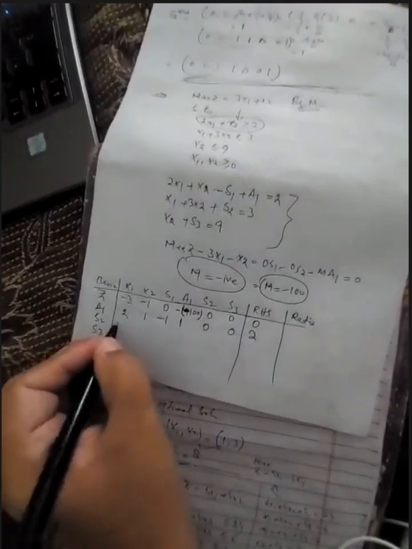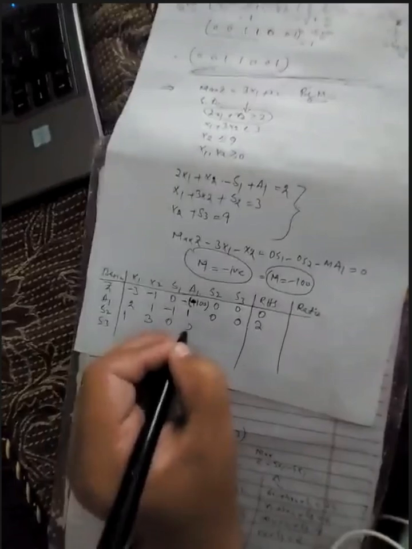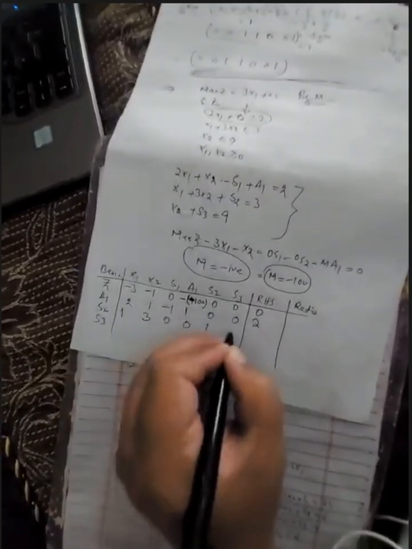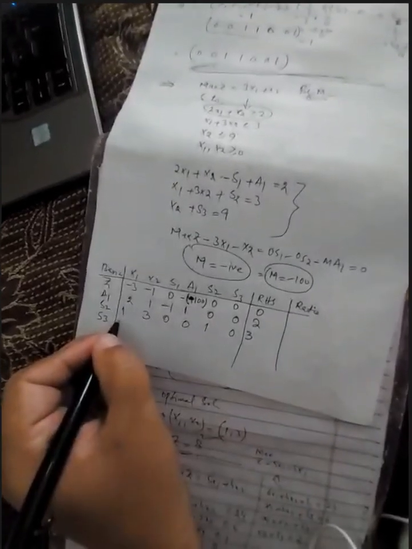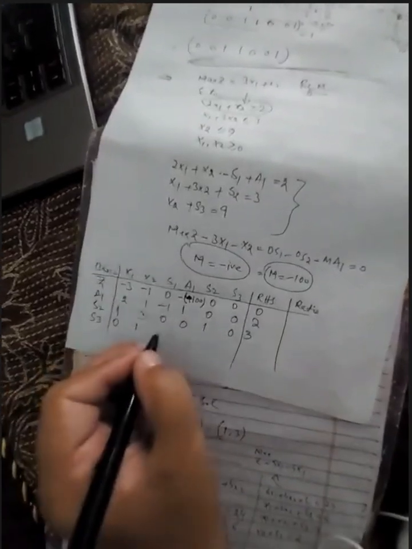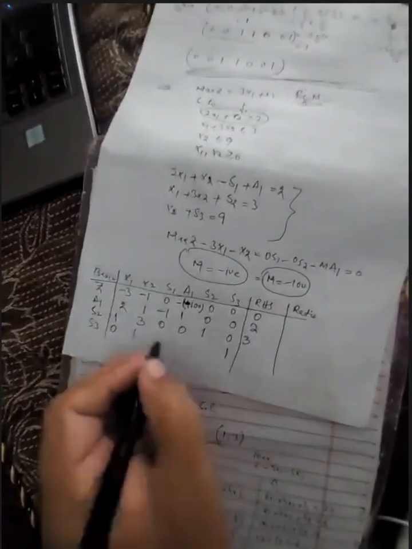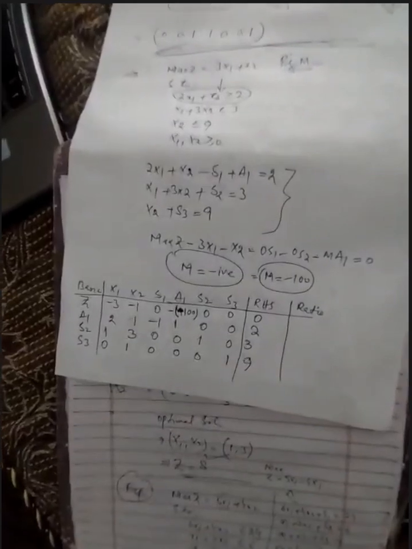For this one, S2, we have x1 as 1, x2 as 3, S1 0, A1 0, S2 is 1, and this is 3. For this one, we have x1 as 0, x2 as 1, S3 as 1 and all other zeros, and the right hand side is 9. So this is the standard form.